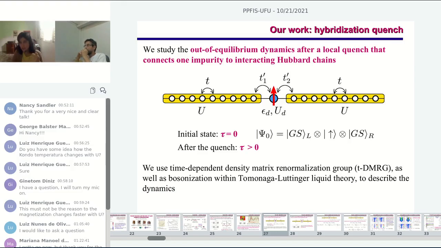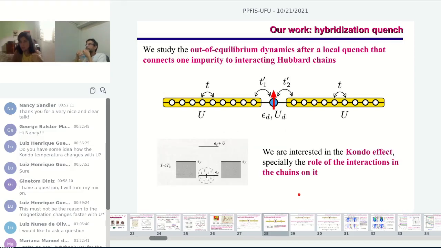And indeed, that's what we want to see, because usually in the Kondo effect, the coupling of the impurity is to a non-interacting electron system. And now we want to study the role played by the interaction in the wires in this non-equilibrium situation.